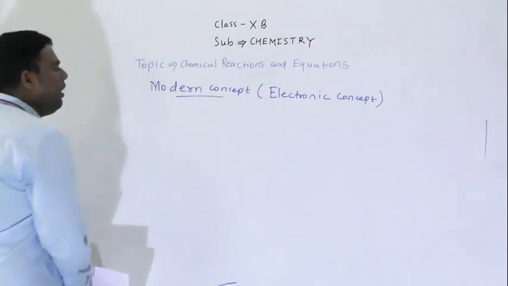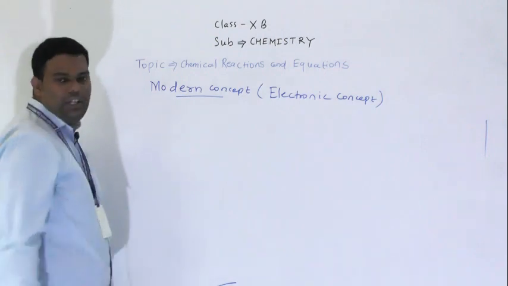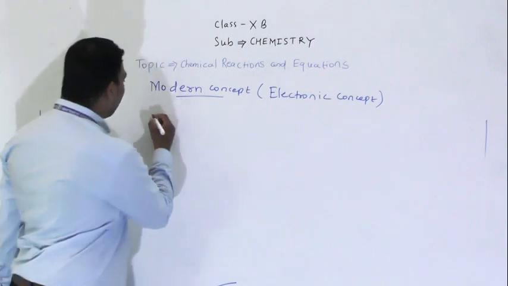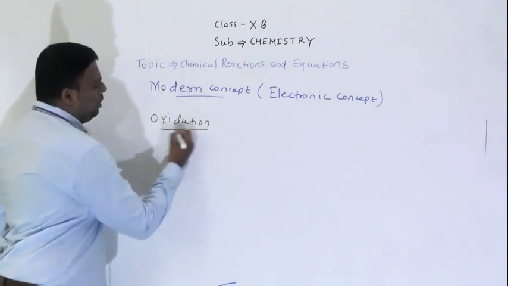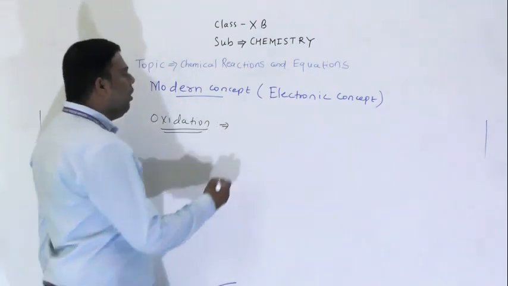The modern concept is also called the electronic concept. So see what oxidation and reduction are according to this modern concept. Oxidation means loss of electron.